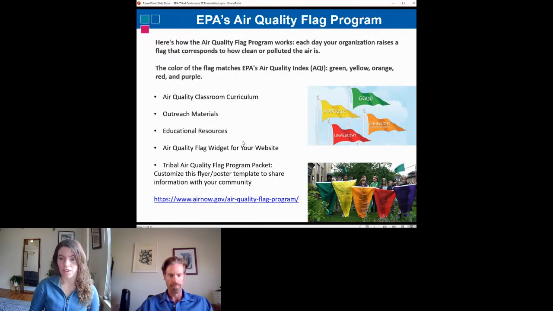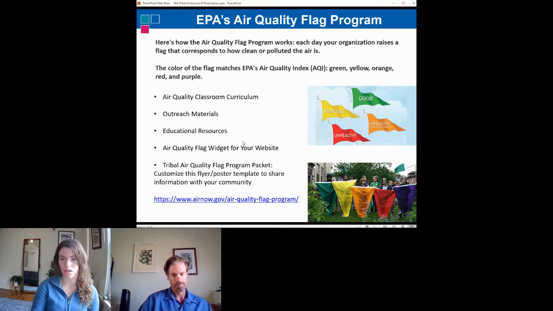EPA's Air Quality Flag Program is also another great educational resource, which I'll actually be doing a presentation about tomorrow at 11 a.m., specifically about EPA air quality environmental education resources. How this program works is that you'll receive a set of flags that correspond with the colors of EPA's air quality index that you can raise on a flagpole or hang in a window and visualize the state of air quality in your area.